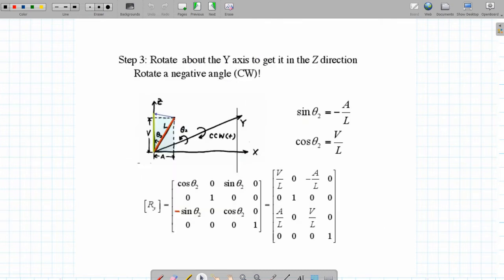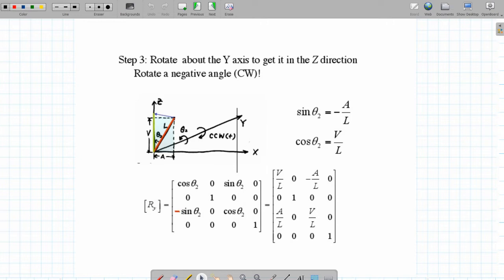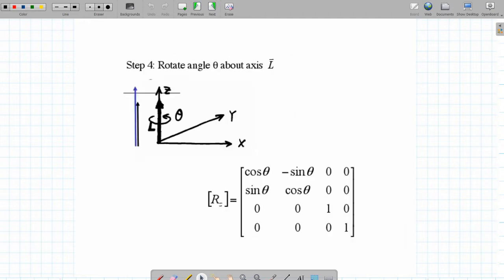If you observe a little bit, sine theta 2 is going to be minus a over L, where L is the length of the line, and cos theta 2 is going to be v over L. This is the second rotation which you need to apply in your mathematical sequence, so that your arbitrary axis gets aligned with the primary x-axis.